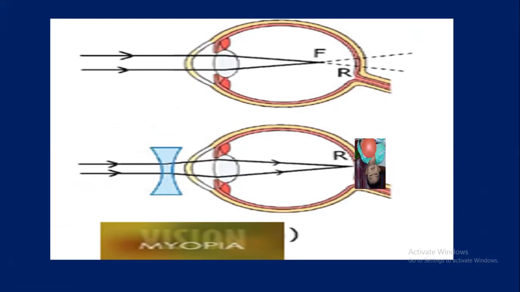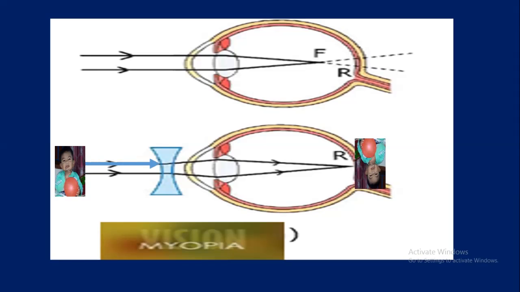By using the lens shown in the second diagram, that is the concave lens, we can get the image formed at the position of the retina, in the exact position. Then we can see the object that stands in the far position.